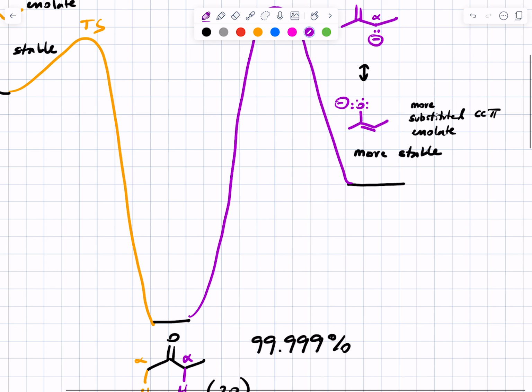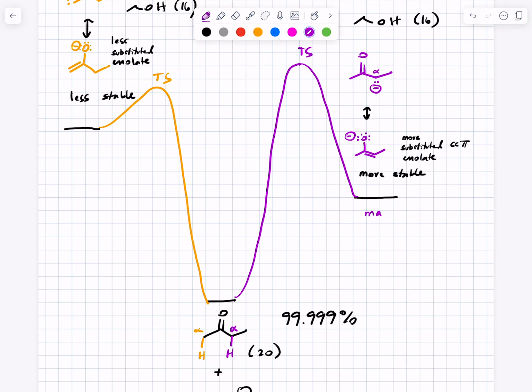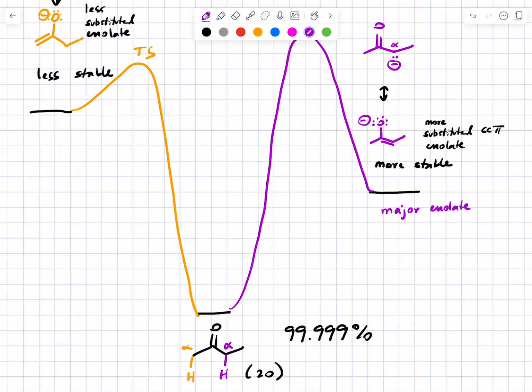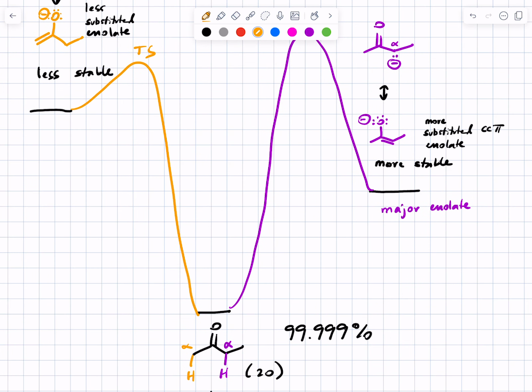The reasons why the more substituted enolate is more stable have to do with the same reasons that more substituted alkenes are more stable, that you learned in 351. So even though we don't have very much enolate under these conditions using a weak base like sodium ethoxide, most of the enolate that does form is this more stable enolate.